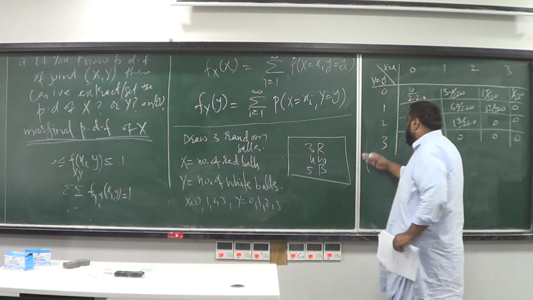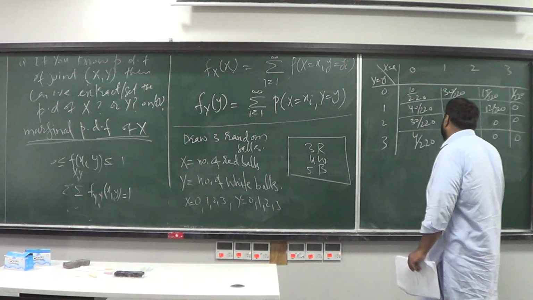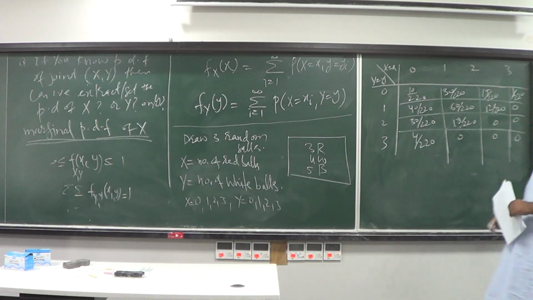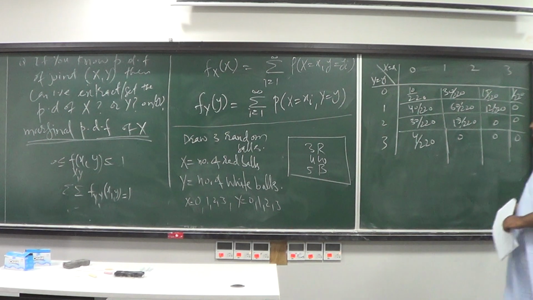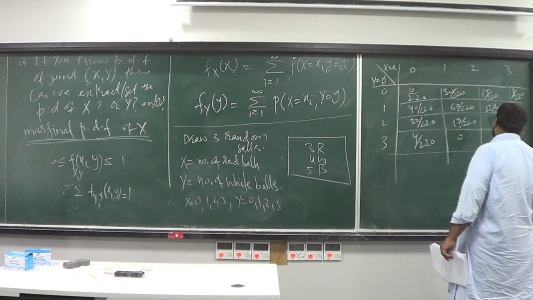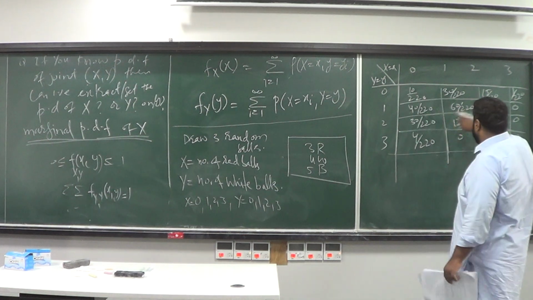Now question: where are the marginal distributions actually? In order to get the marginal PDF, you need to sum up the rows and the columns.